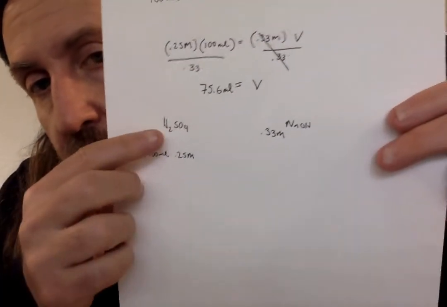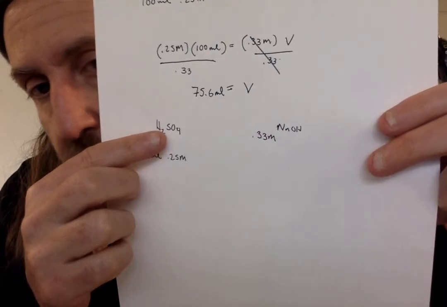But let's say that instead of HCl, we have H2SO4, and we have 100 milliliters of 0.25 molar H2SO4. Then, if we have that same 0.33 molar NaOH, how much are we going to need? That is the trick right there, because this one is a double protonator.